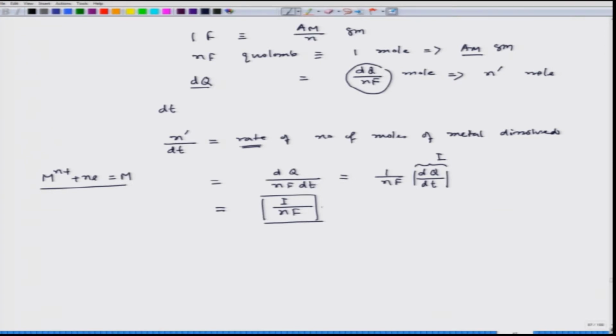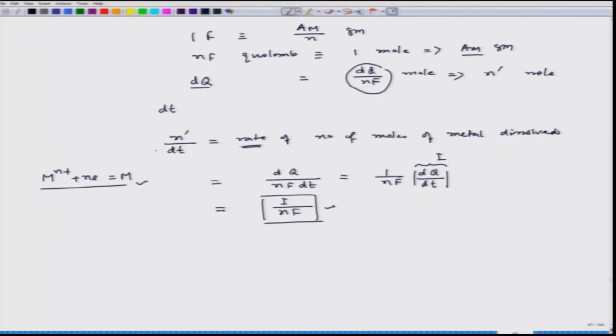Now, this is also indicating the corrosion rate in the form of number of moles dissolved per unit time, but it is not taking care of the area. Area is very important, as we discussed in our last lecture, because whenever corrosion happens, it is basically a surface phenomenon. The reaction takes place on the exposed area, not in the bulk of the metal.